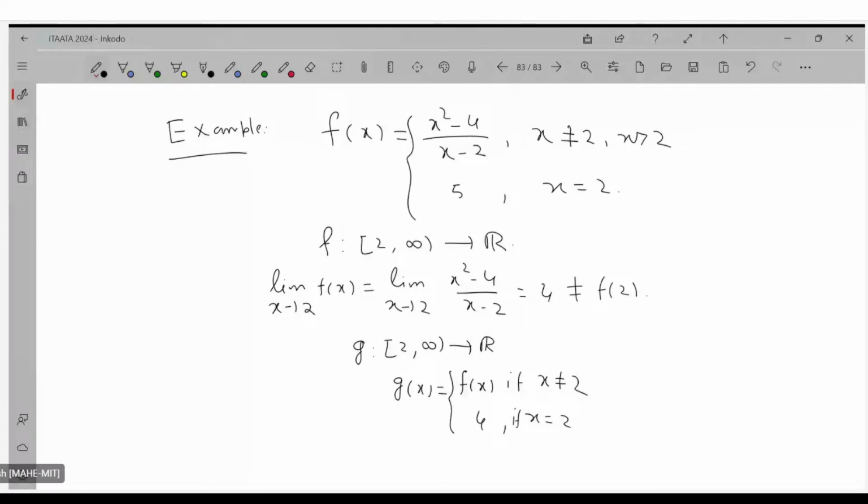So now case 2 is that limit x tends to c of f(x) does not exist. Okay. Under this we have two subcases.